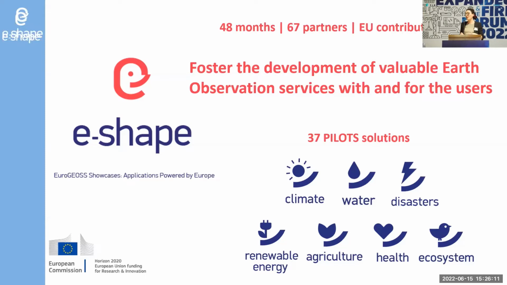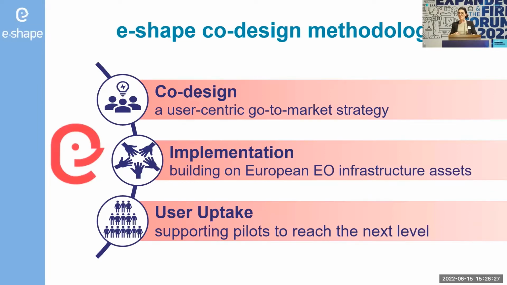The main pillars around which the E-shape project is built are three: co-design, implementation, and user uptake. Co-design, which is basically at the basis of what I was mentioning, is the development of services with and for the users.